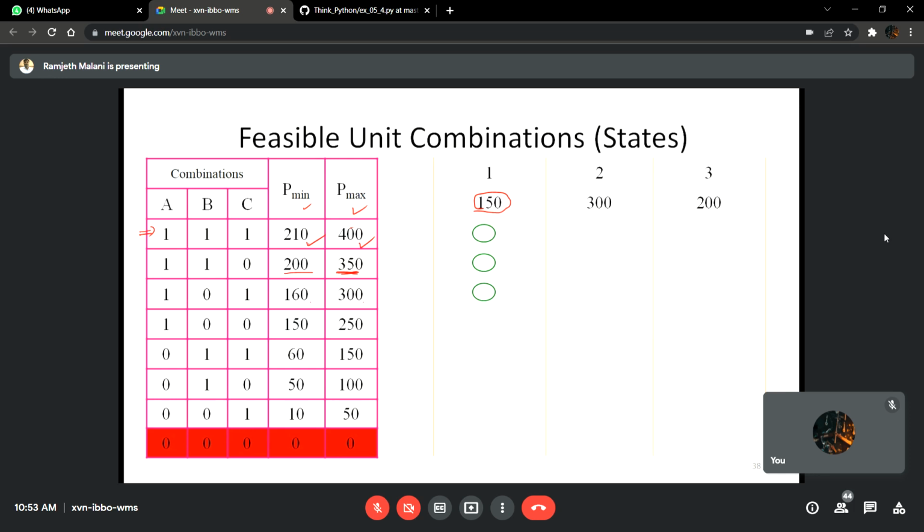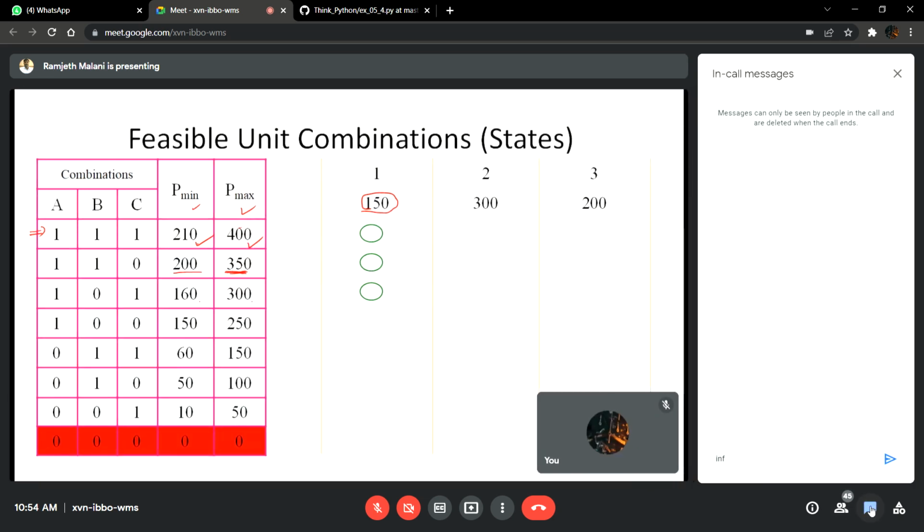But the minimum power that can be generated is 210 megawatt. Now, whether this is a feasible state or infeasible state? Infeasible, right?